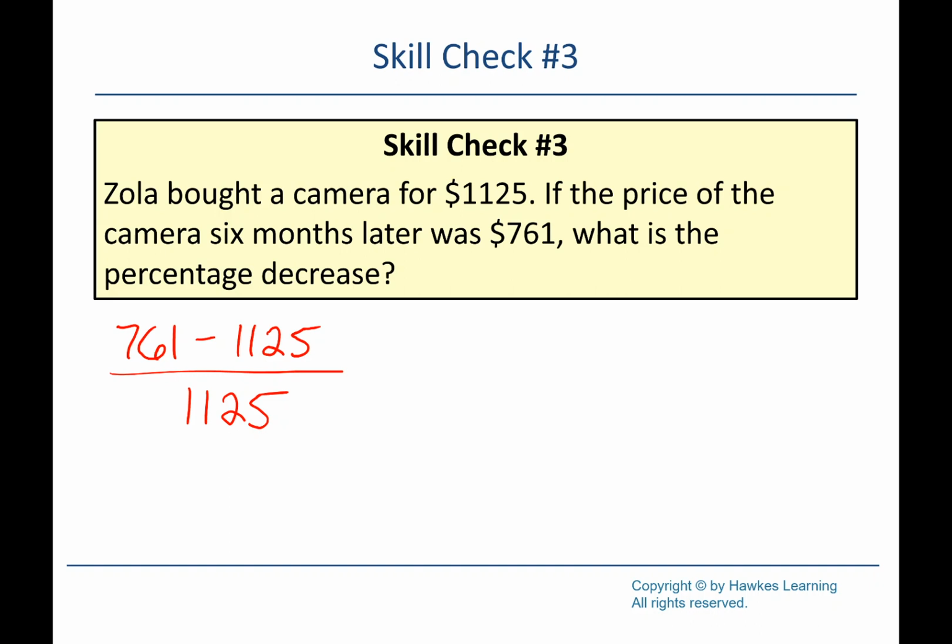Okay, so let's see, 761 minus 1125, get negative 364. Okay, so as a decimal, that is negative 0.3235, on and on and on.